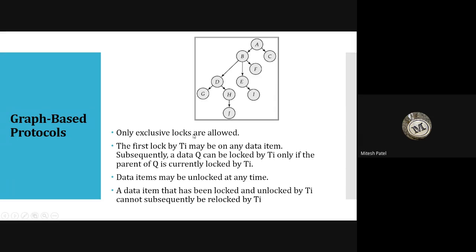Only exclusive locks are allowed. So first lock by Ti may be on any data item.